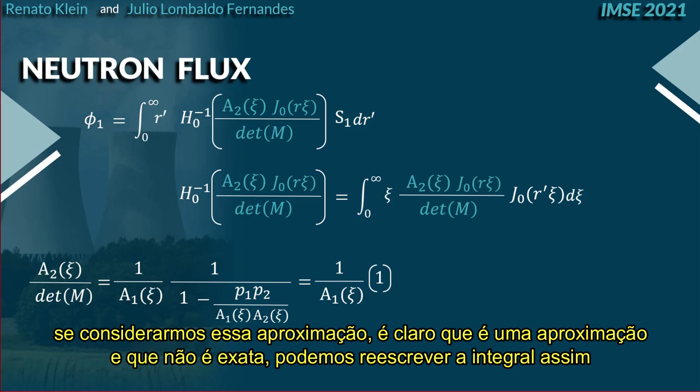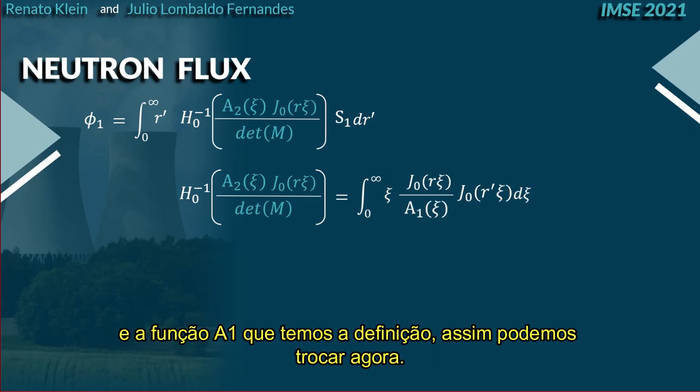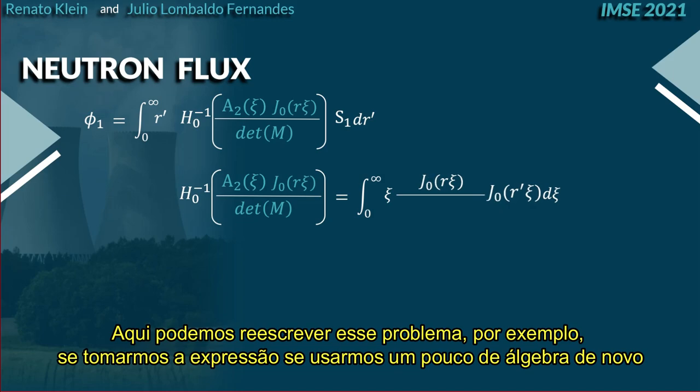And if we consider this approximation, of course it is an approximation, it's not exact, we can rewrite the integral like this one, and the function a1 we have by the definition, and we can change it like this one. And here we can rewrite this problem.